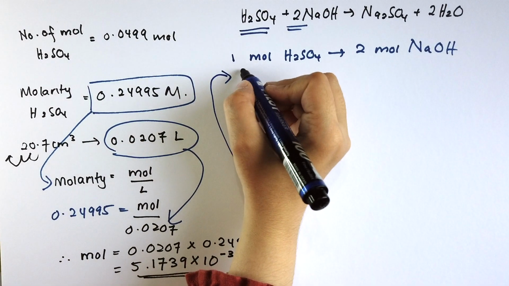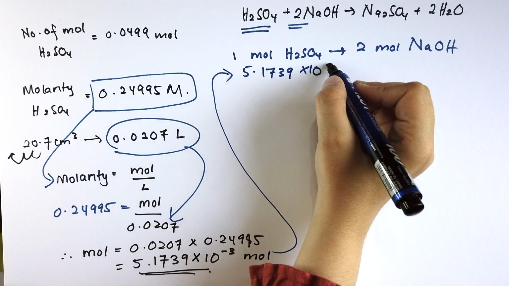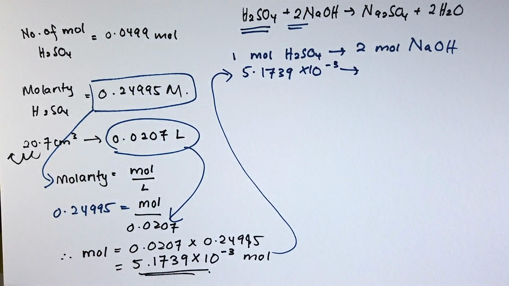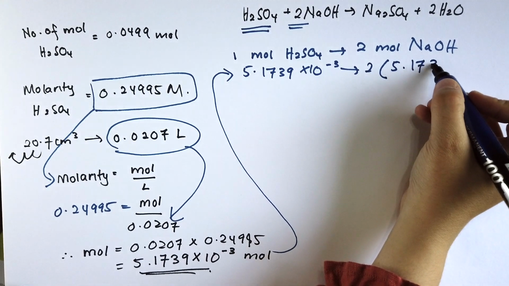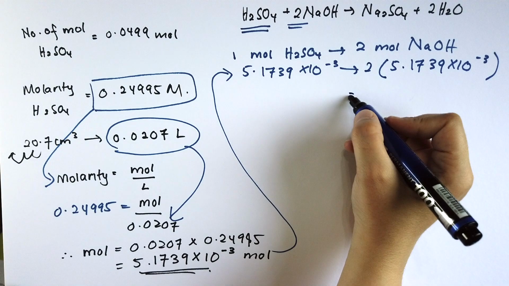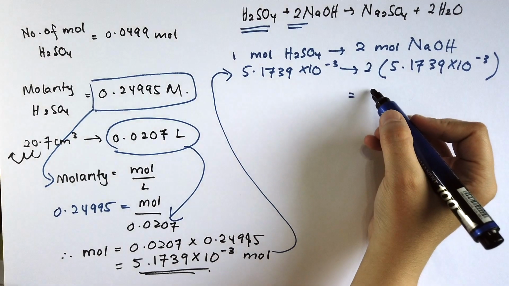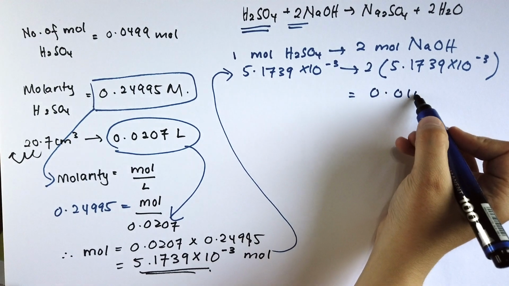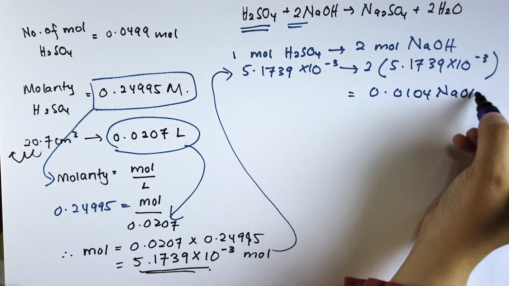So how much mole of H2SO4 that is being used in this reaction is this much, 5.1739 times 10 to the power of negative 3. Supposedly, you should have 2 times 5.1739 times 10 to the power of negative 3. So how much sodium hydroxide that you should have is actually 0.0104 mole of NaOH.